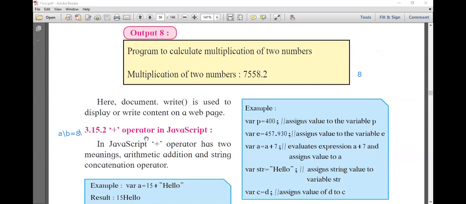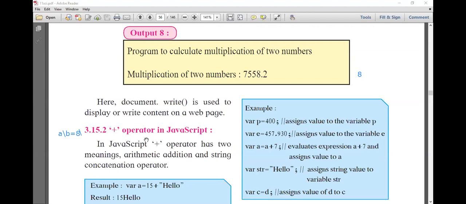Only the plus operator can be used for two different purposes. The first purpose is to add two numbers, and the second purpose is to concatenate two strings. That is, the plus operator is used for either addition or to concatenate two strings.